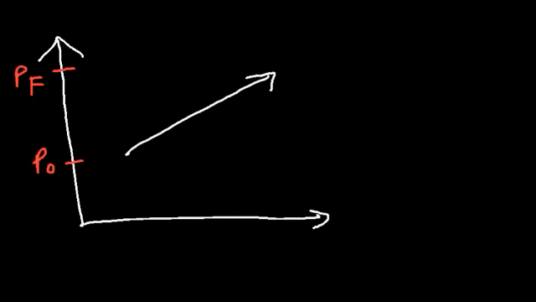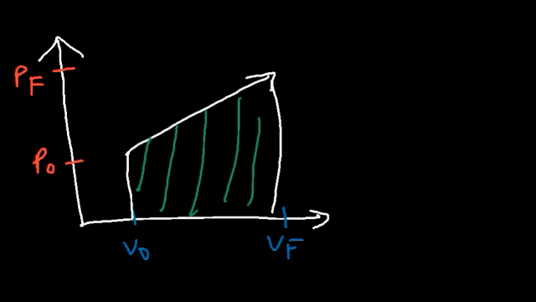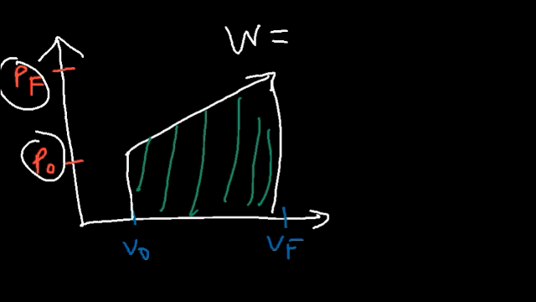Now, if you have a PV diagram that looks like this, let's say you start at an initial pressure and it increases to a final pressure, and also the volume changes from an initial value to a final value, the work performed is still the area of the shaded region. But a simple way to calculate this area is to use an average pressure.